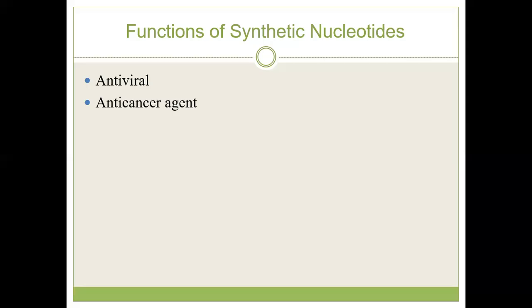So when DNA polymerase is synthesizing DNA using the nucleotides, and a patient is taking a synthetic nucleotide as an anti-cancer agent, this DNA polymerase will pick the anti-cancer agent, thinking that it is the normal nucleotide in the system.